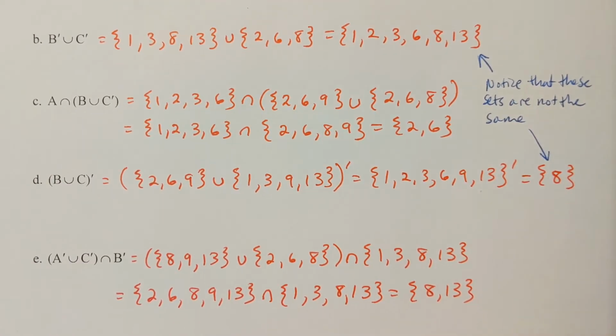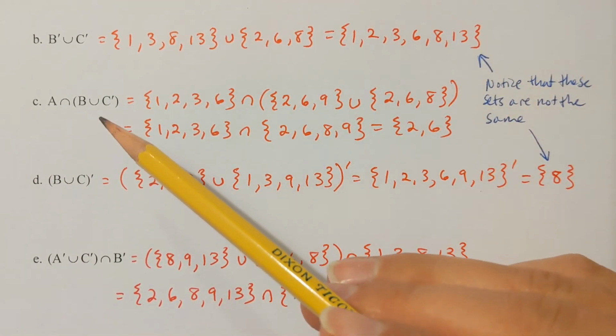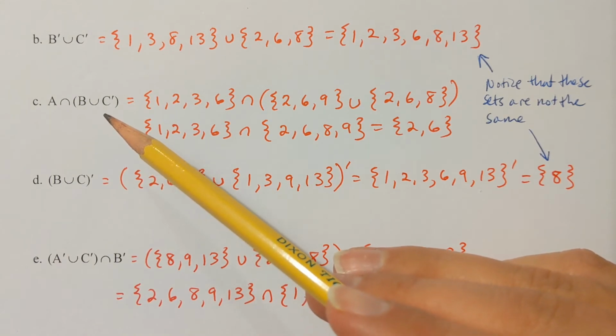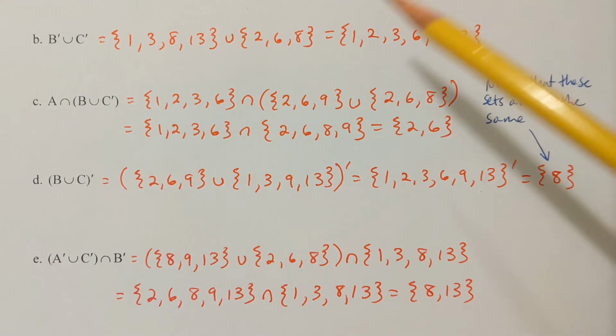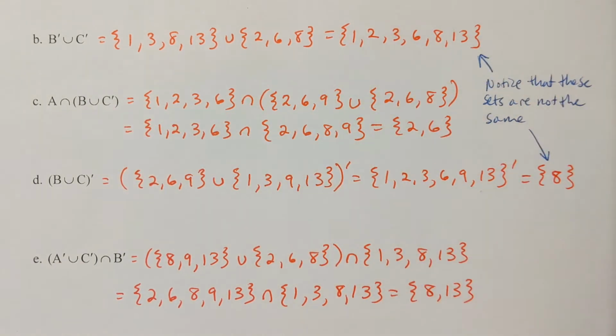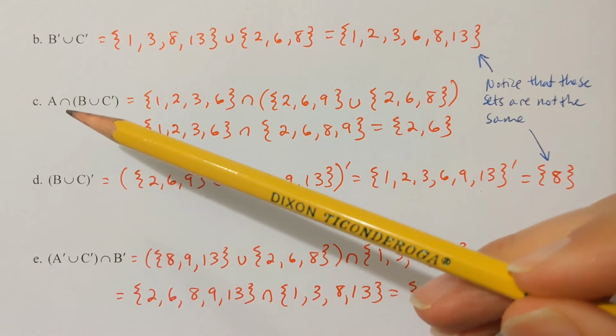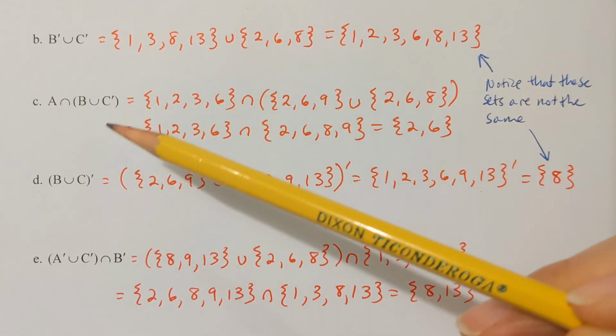Part C is A intersect the quantity B union C complement. You'll notice that I've got parentheses here around B union C complement, and where I've got parentheses means do that operation first. So I'm going to handle the intersection of A at the very end.